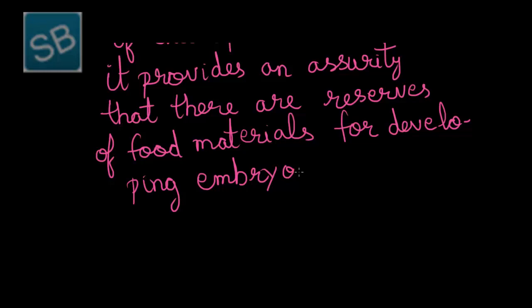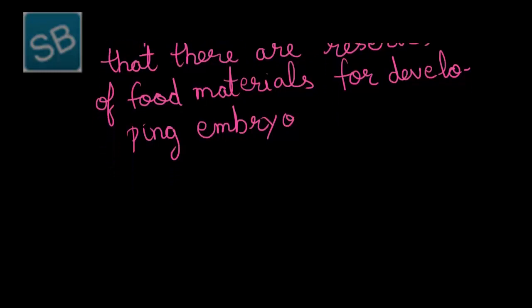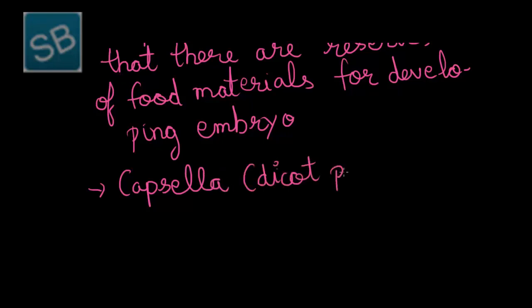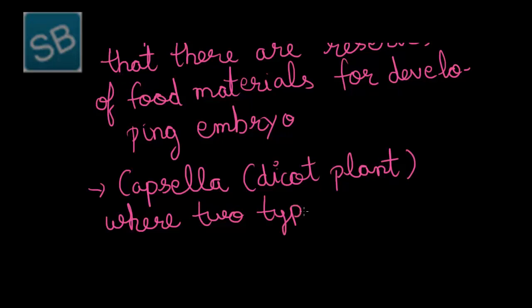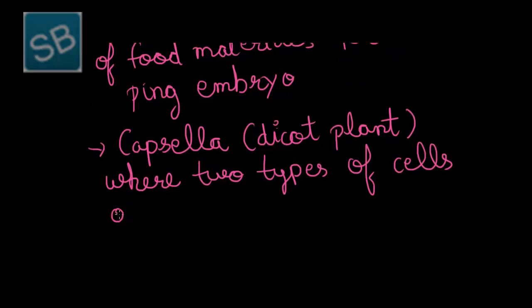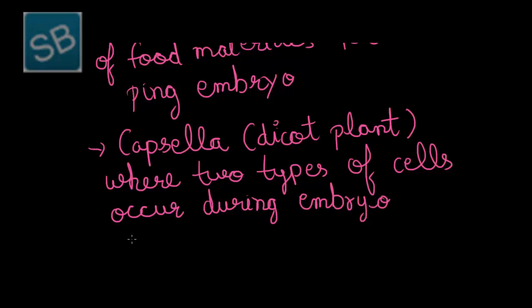Now within an embryo, there occurs mainly two types of cells. These two types of cells generally occur in dicotyledonous plants like Capsella, which is a dicot plant, where mainly two types of cells occur during embryo development. First is basal cell.